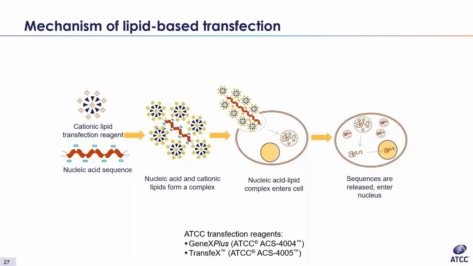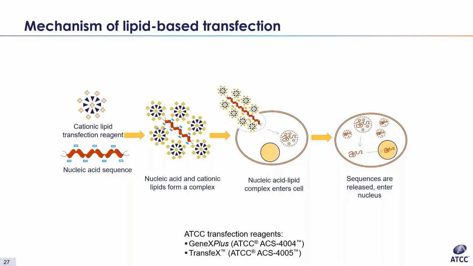The surface of a cell has a net negative charge, so the complex moves to the surface and binds to the cell membrane. The nucleic acid-lipid complex can now move through the cell's lipid membrane, allowing the nucleic acid to enter the cell cytoplasm. The nucleic acid then enters the nucleus, and the gene product can be expressed.